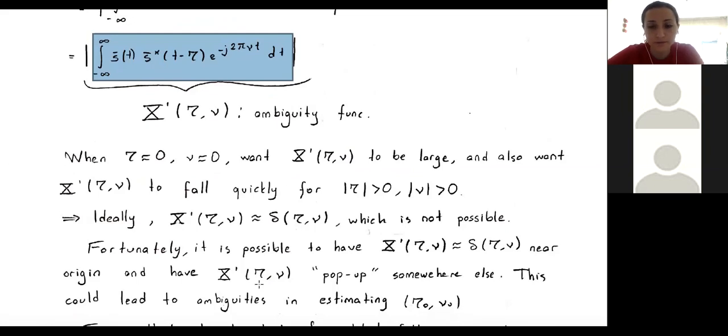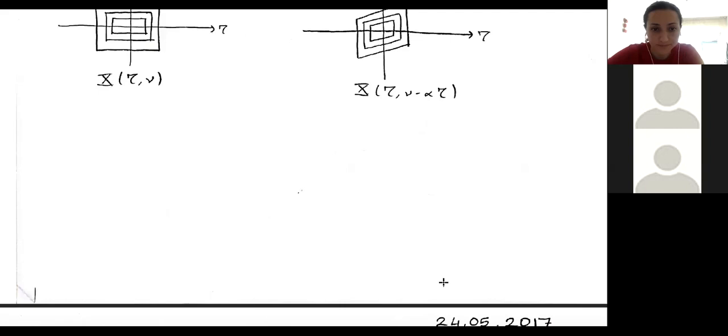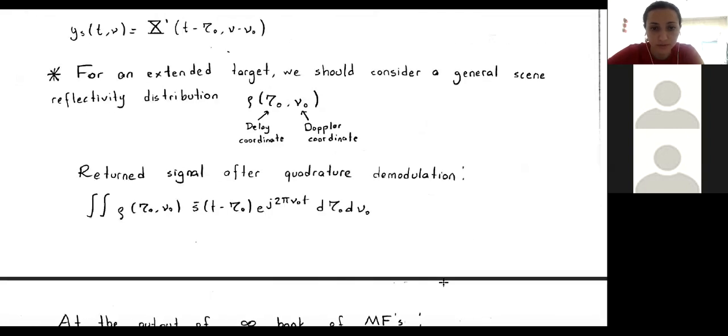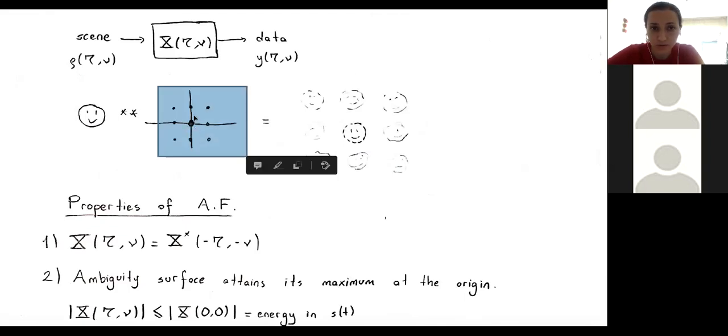Okay, that's possible. So what I mean by that, let me maybe provide you a demonstration. A function like this. So this is, for example, a sample ambiguity function. You can make it very close to an impulse near the origin, but you're going to have other large portions at other parts in this case.